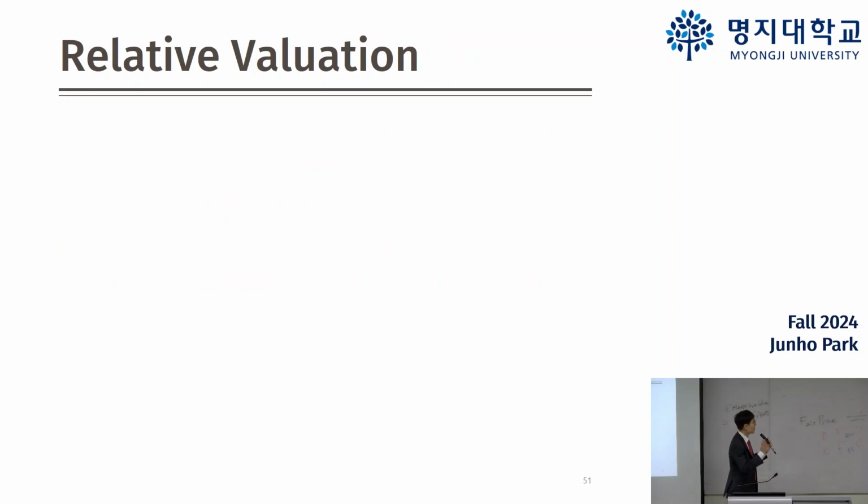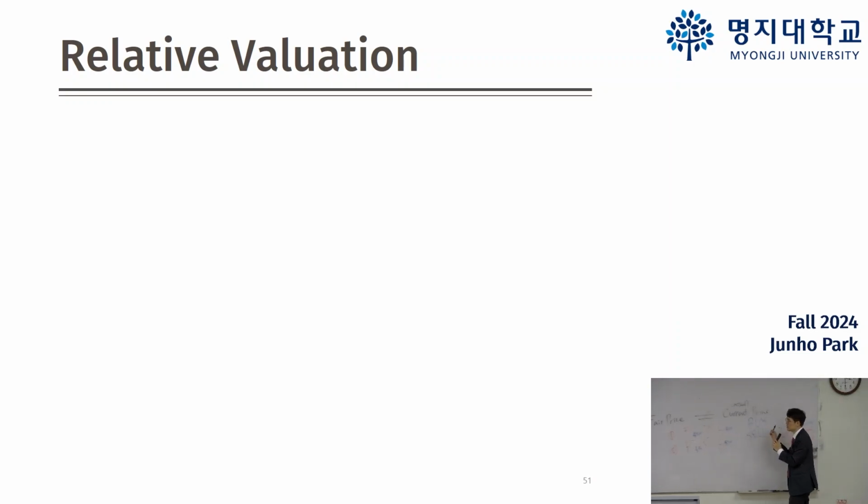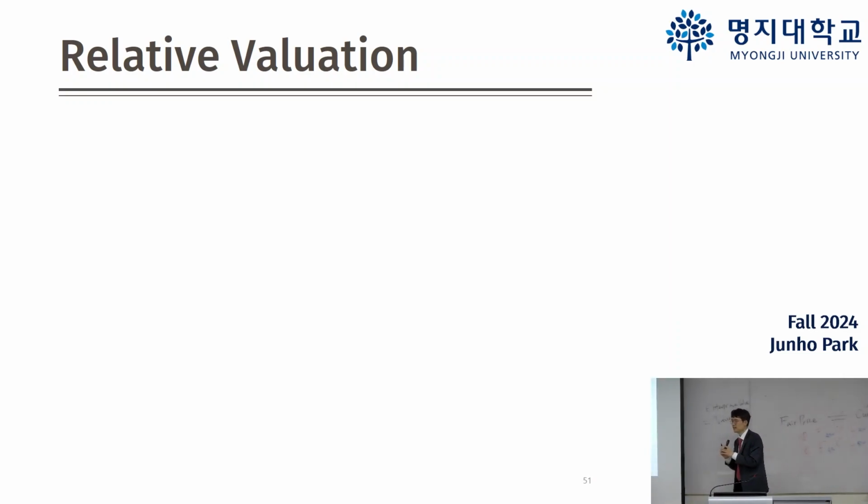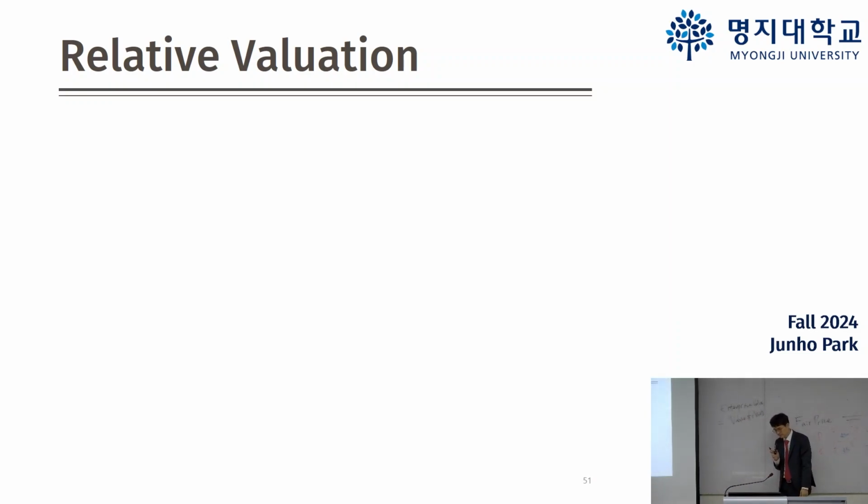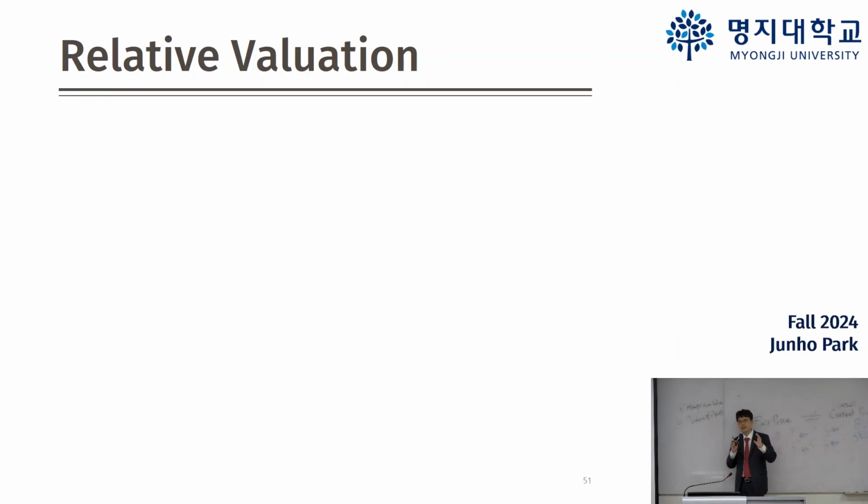Okay, so far we talked about the discounted cash flow valuation, but now let me move on to the second category of valuation. The discounted cash flow valuation is theoretically perfect. It is the answer if you have sufficient information.